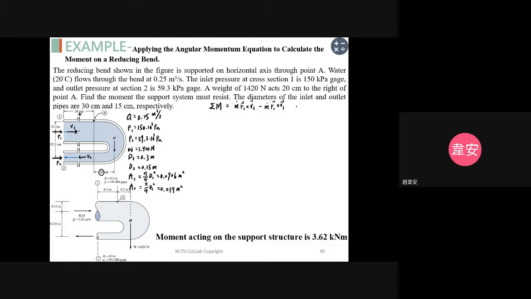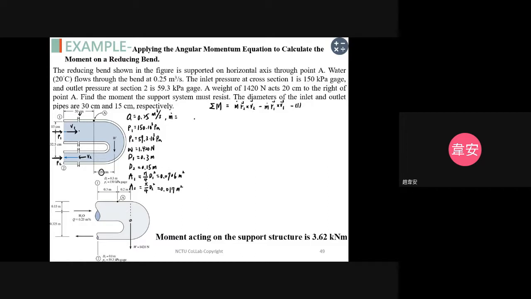Okay, this is our equation 1. Based on this equation, we still have some unknown parameters, such as the M rate. What is the M rate?